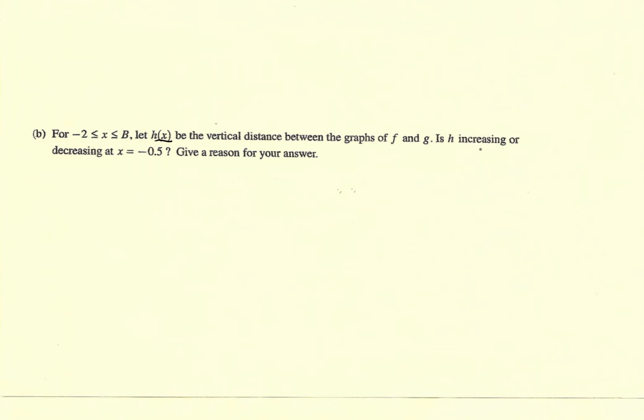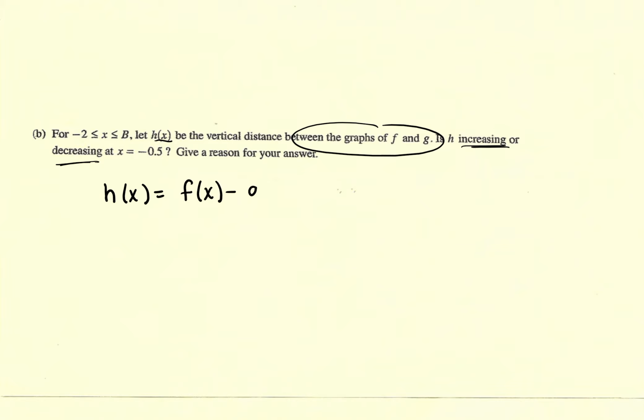All right, so they're asking if it's increasing or decreasing. So they're asking us to consider the rate of movement, which is derivative. So if I know that h of x is the distance between those graphs, that means that h of x is f of x minus g of x, the distance between those. And they asked me to consider if this rate is increasing or decreasing.